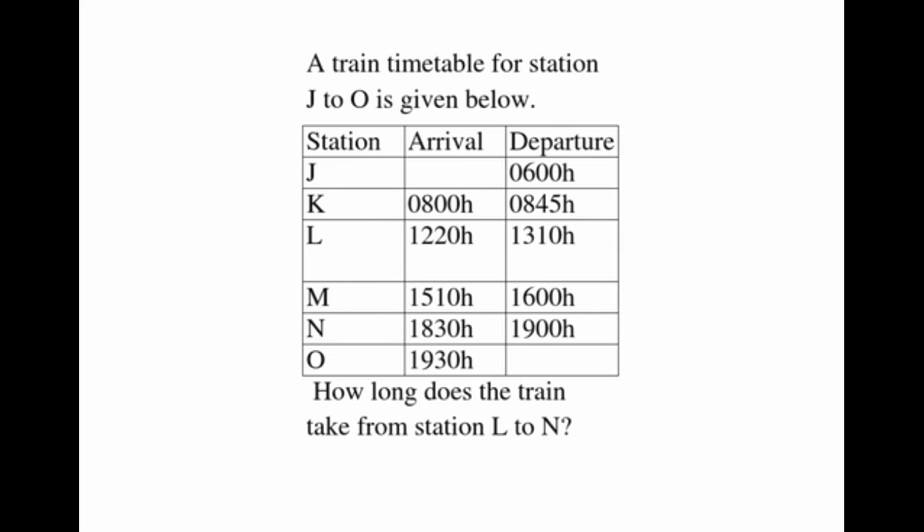Then you are asked how long does the train take from station L to N. Our station L is here. Arrival time, departure time, N is here, arrival time. For us to get the time taken, we take the arrival time at station N, we subtract the departure time. Solution.